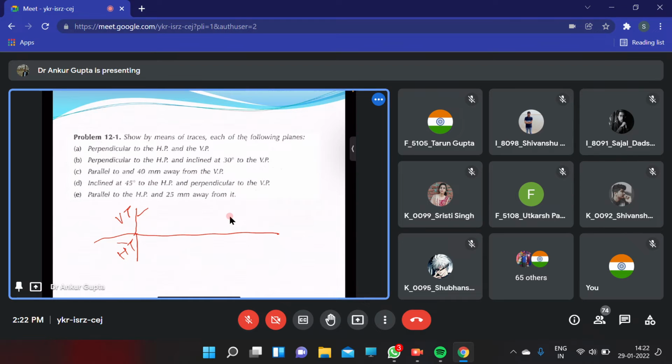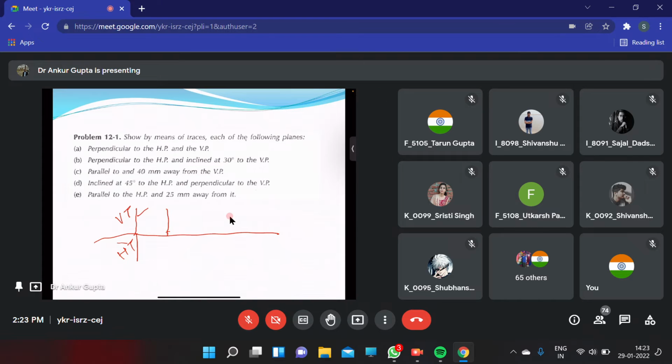And in the second case, perpendicular to the HP and inclined at 30 degree to the VP. Perpendicular to the HP means you will get a straight line in the vertical plane. Perpendicular to HP means what you will see? A straight line on the vertical plane.